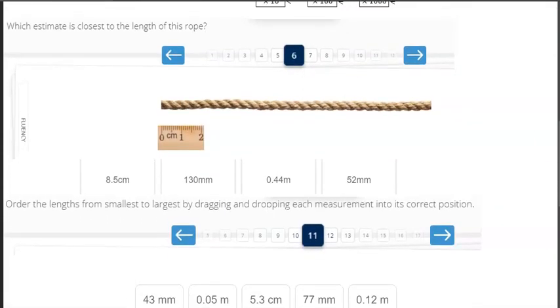This question here, question 6, says which estimate is closest to the length of this rope? Before, a central assessment never used to have this little indicator here to show you what this could be. In this case, this is here to show you what 2 centimeters looks like in comparison to the actual item itself.